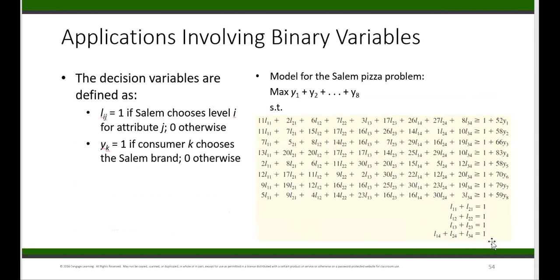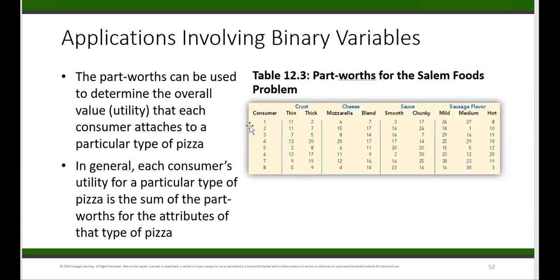That's what we have. Second, we want to have the utility that each person gets. This is the utility that person one gets. 11 is the utility, part-worth, that person one gets only if L11 is chosen. It's part of our product design.